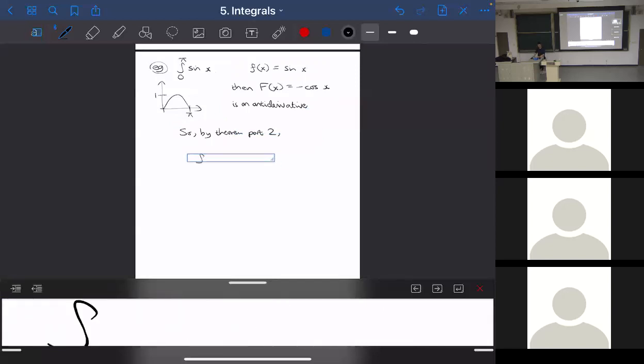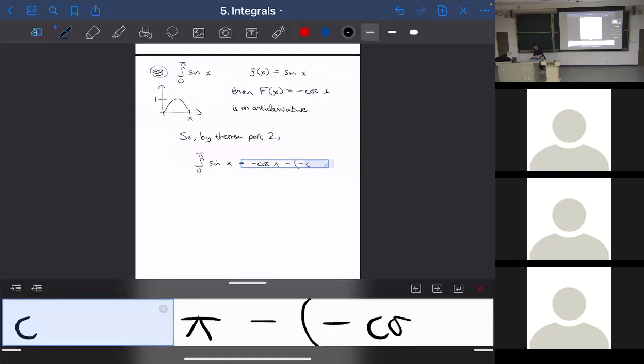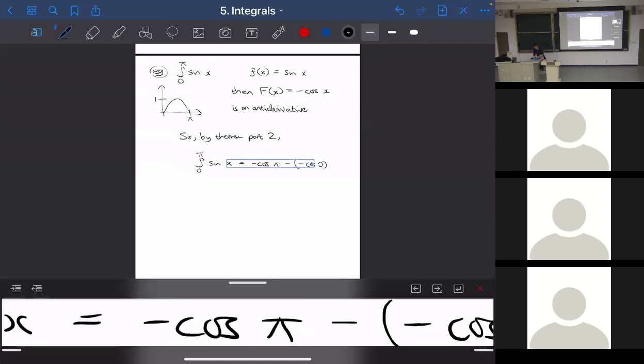we have that the integral from 0 to pi of sine x is minus cos x at pi minus minus cos x at 0.